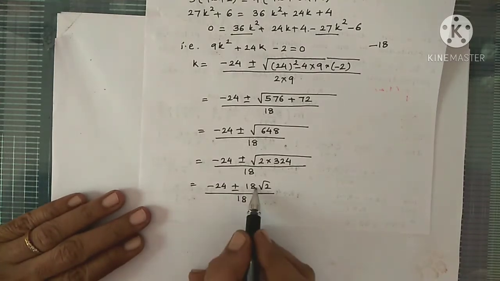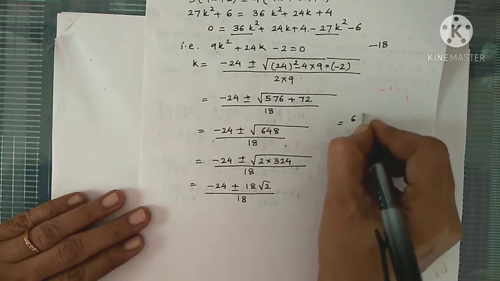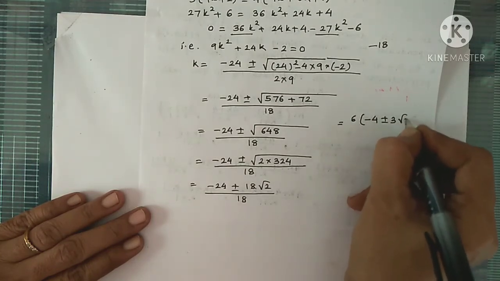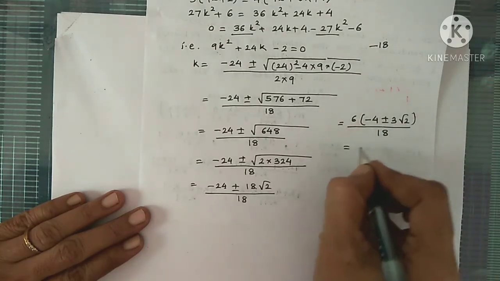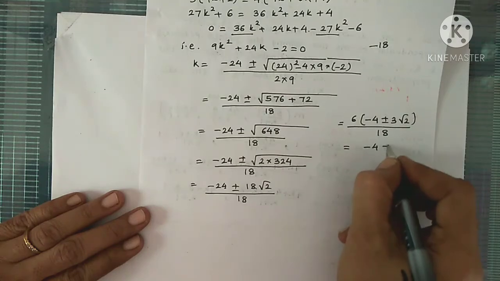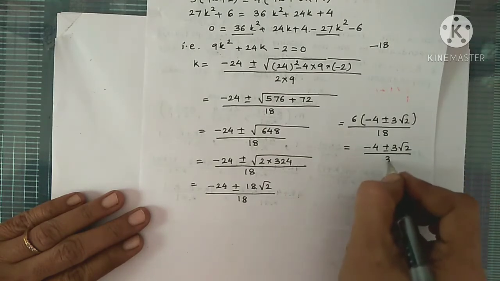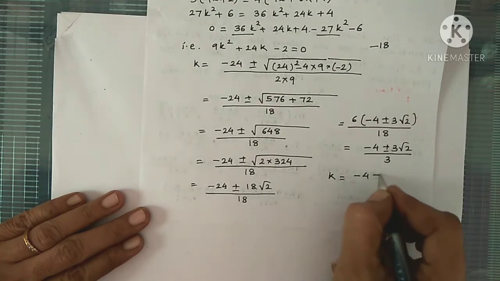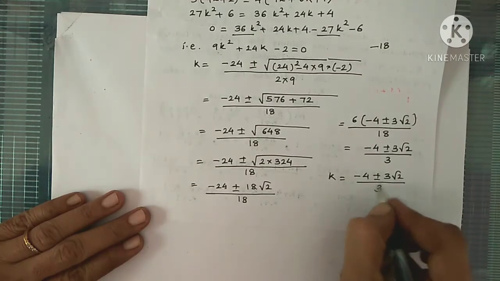From these two numbers we can take 6 common. Taking 6 common, we get minus 4 plus minus 3 root 2 divided by 18. Dividing by 6, we get minus 4 plus minus 3 root 2 divided by 3. So the value of k is minus 4 plus minus 3 root 2 upon 3.